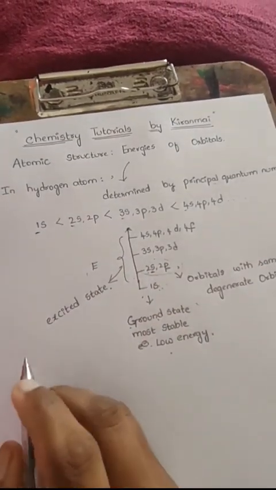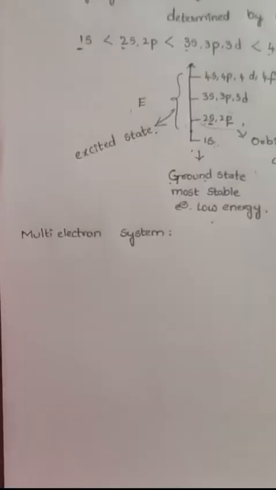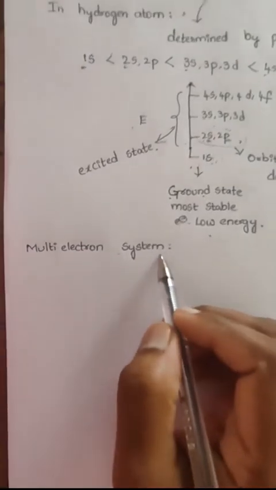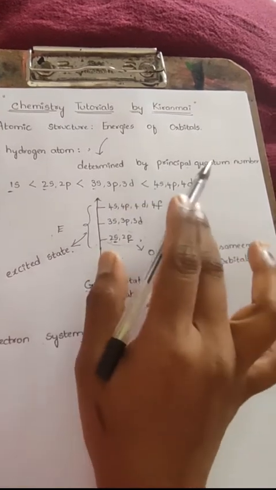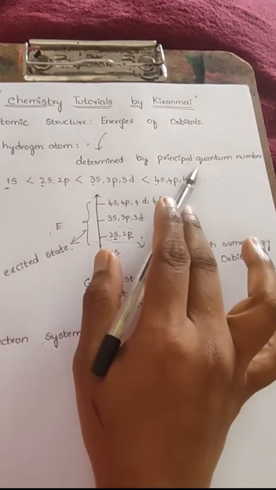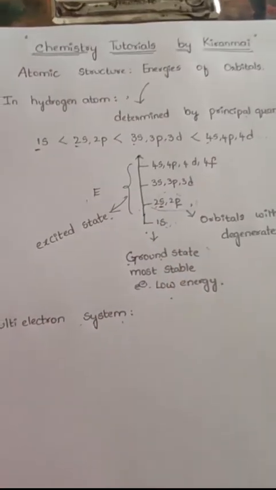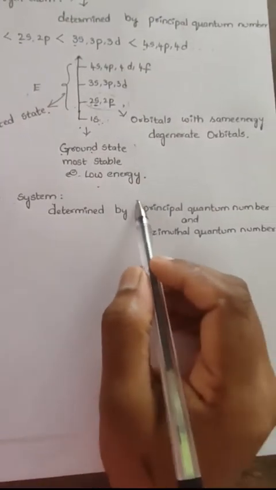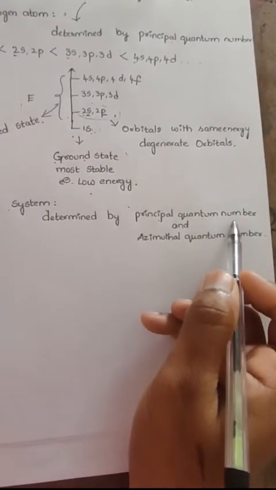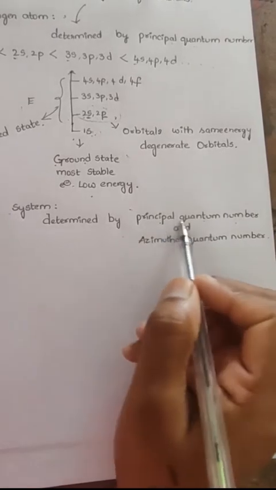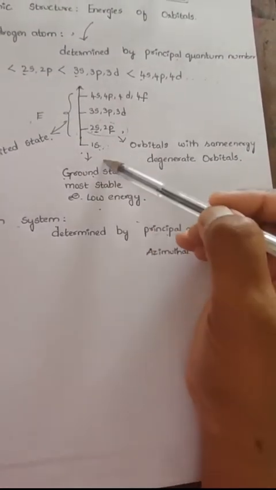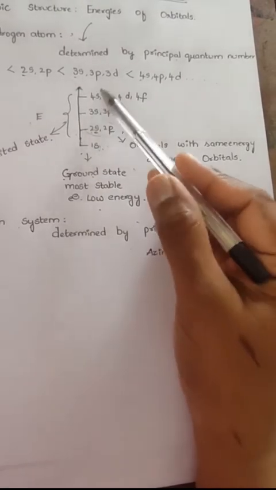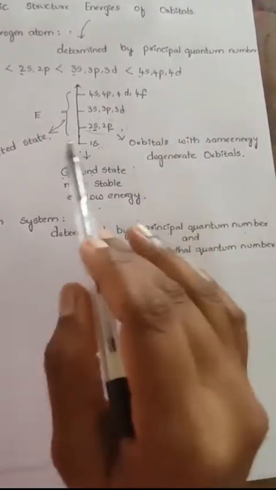And then when we come to a multi-electron system, the energy of orbitals is determined by the principal quantum number and also the azimuthal quantum number. The principal quantum number mainly tells about the shell, meaning 1 shell, 2 shell, 3 shell, 4 shell.